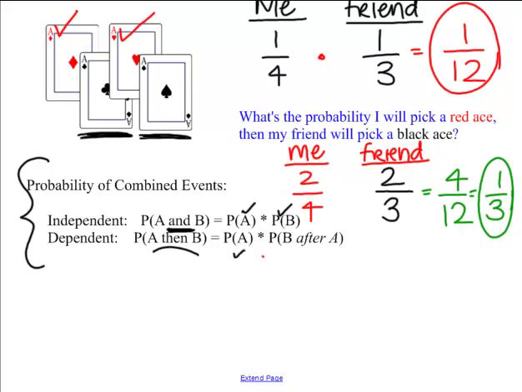You take the probability of your first one, probability of A, and then multiply that by the probability of B after A has happened. So in this card problem up here, this is the probability that A happens, and this one's the probability of B after A. Because now we only have 3 cards to choose from instead of 4.